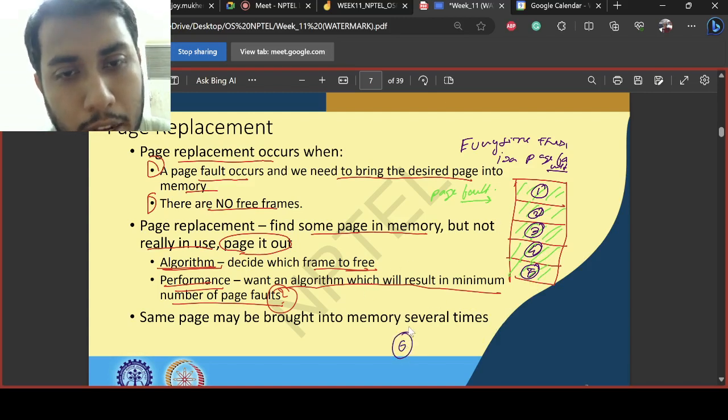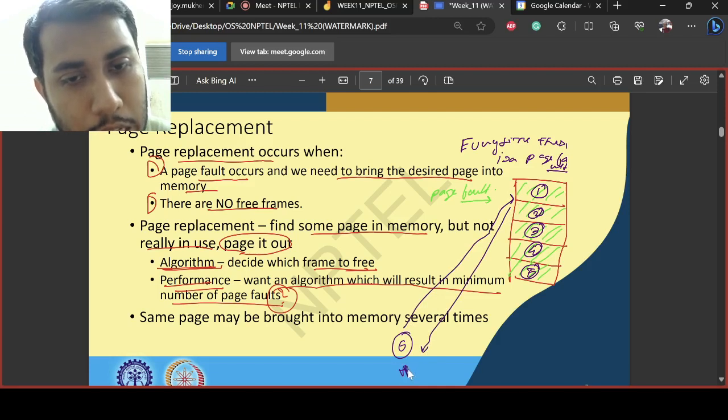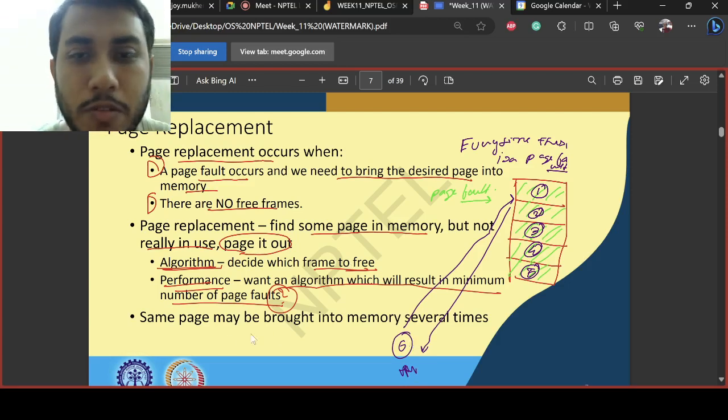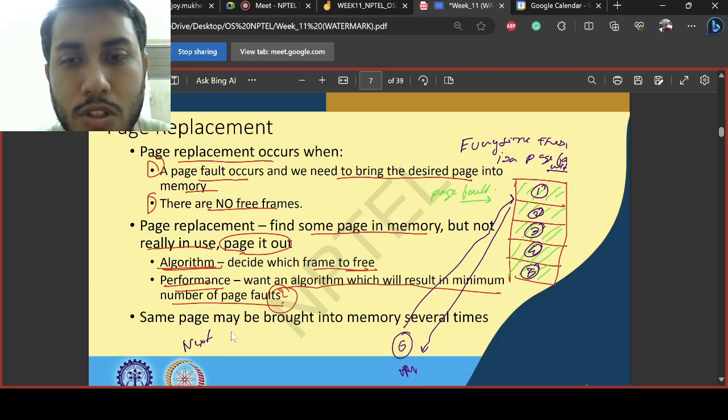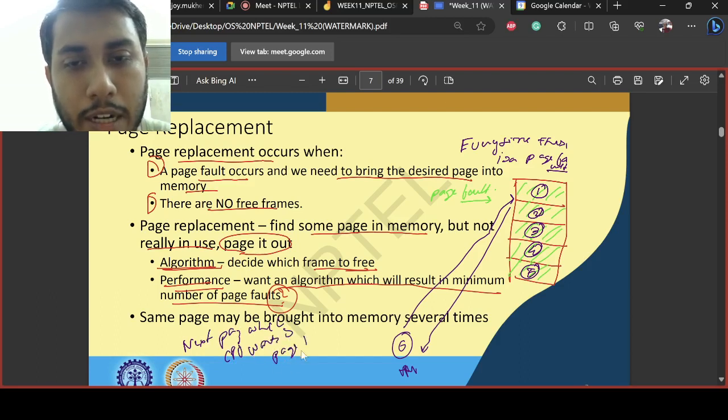A solution can be to replace page 1: you swap out page 1 to your virtual memory, and then bring in page 6. Now let's say the next page the CPU wants is page 1.